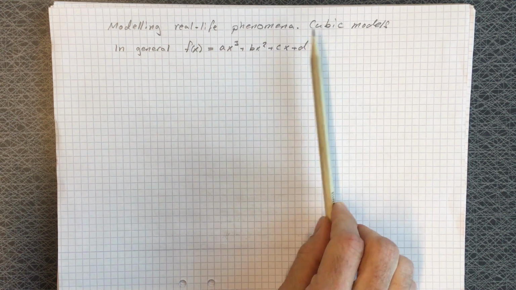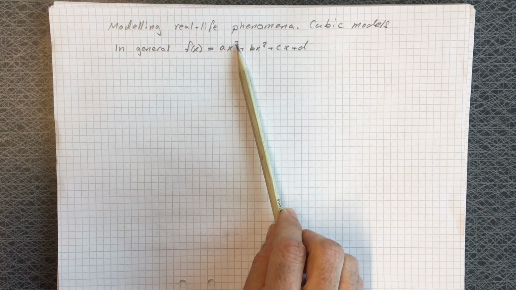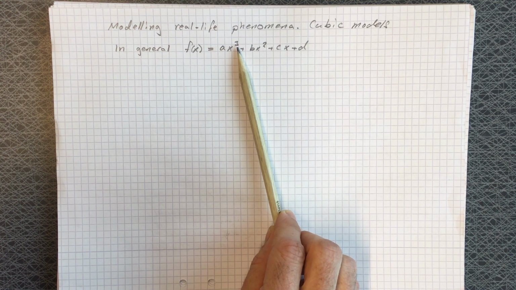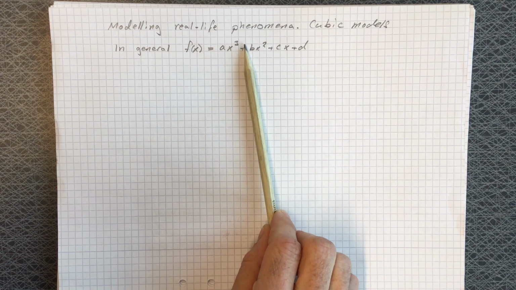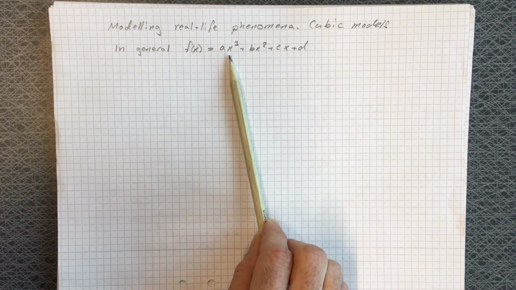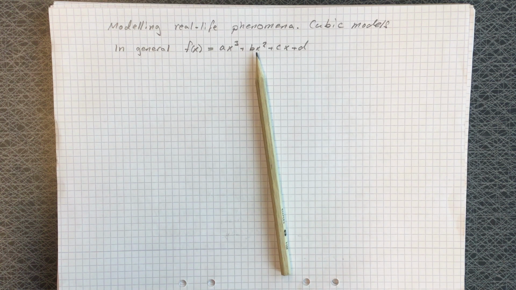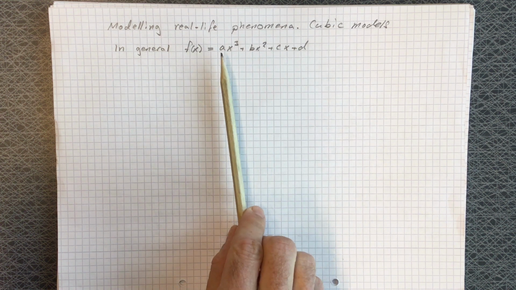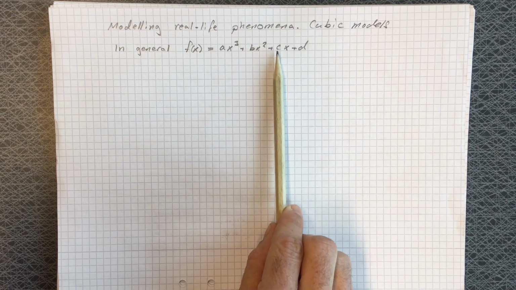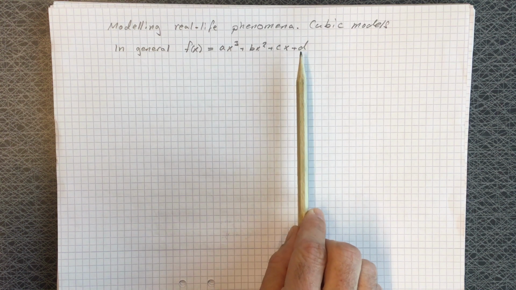It's a cubic model because the highest exponent is 3, cube. If we didn't have that term, but this term, then it would be a quadratic model. And in real life phenomena, we have different values for the constants a, b, c, and d.